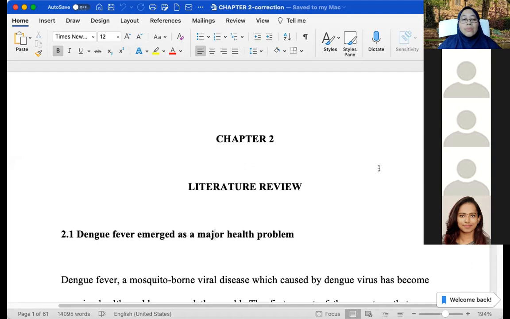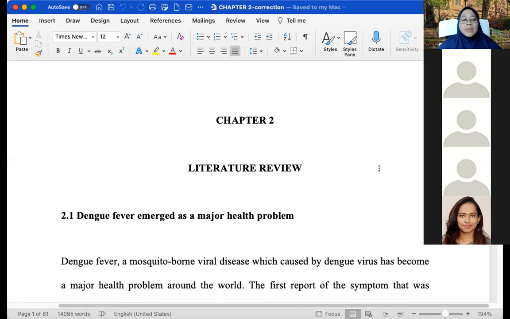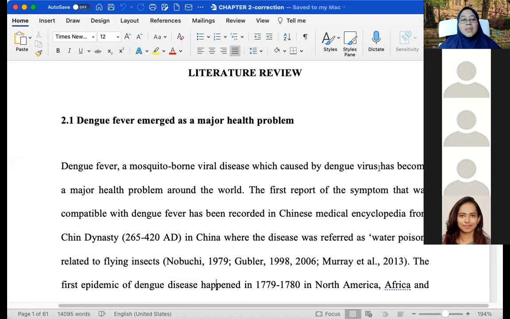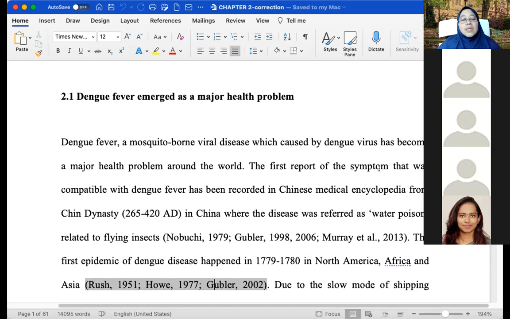Now in chapter 2, he has written a more comprehensive one, with comprehensive information on dengue. So you can see the literature review should be written according to focus, sections.